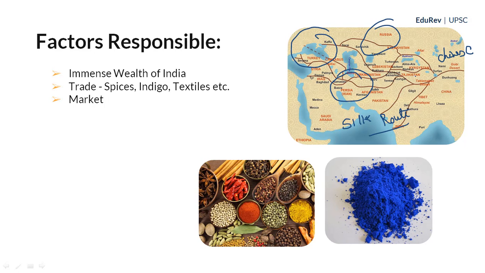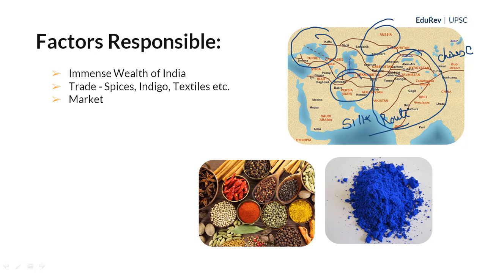So these traders take this silk from China towards the Western nations via India. All of these roads pass through the Indian subcontinent. So India is at the heart of this road, and it is amassing huge amounts of wealth because of the taxes and tolls collected due to this trade.